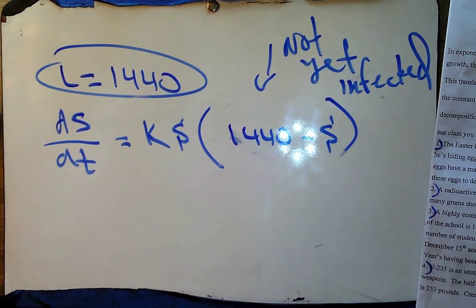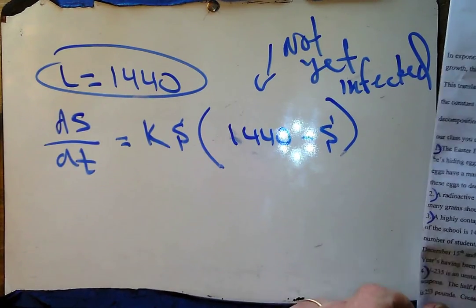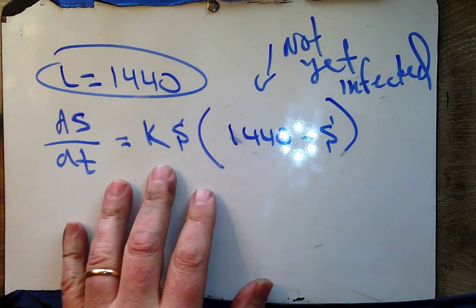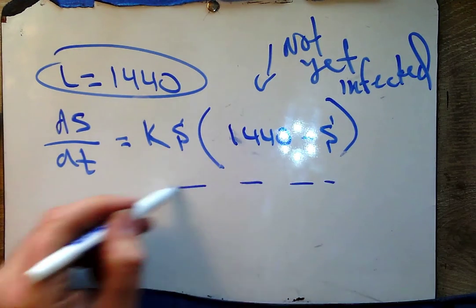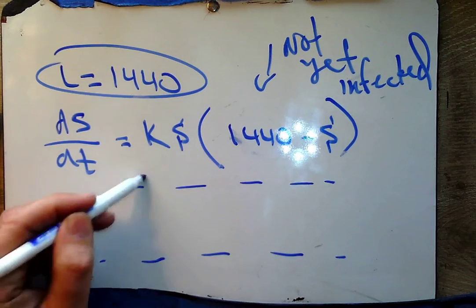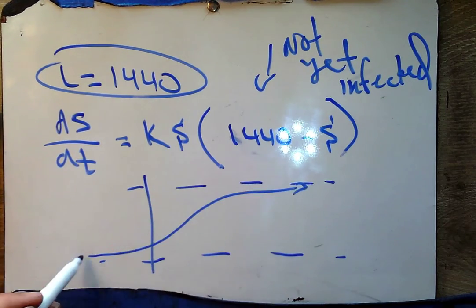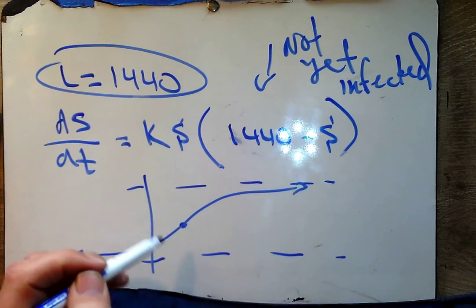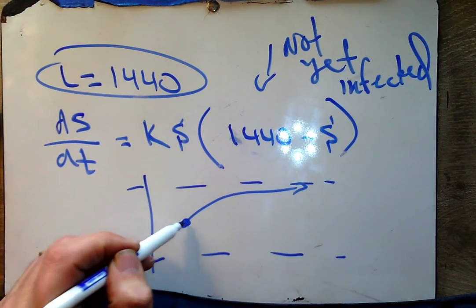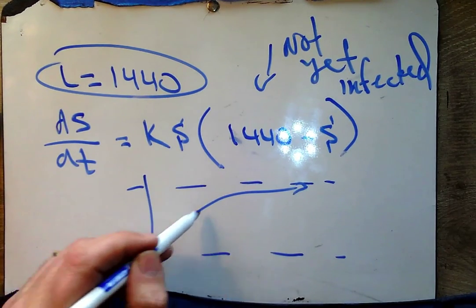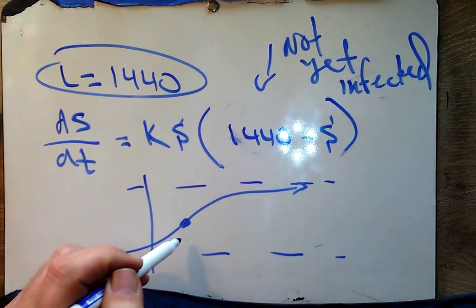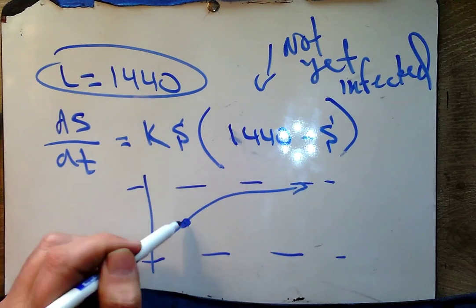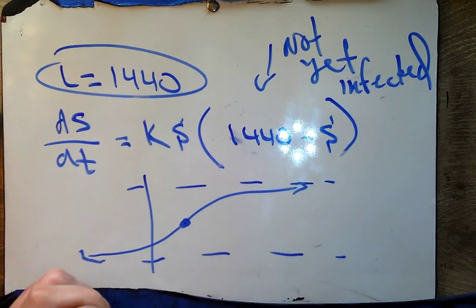I stopped there for a moment, not because I didn't want to look at more of these concepts, but instead because I was thinking about, do you remember back in August we said that with this logistic curve, we're always increasing, but there's this place here where the infections are increasing fastest. And then we understood that this was an inflection point.